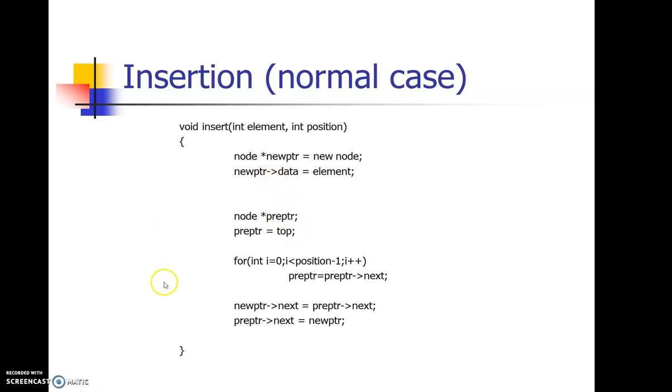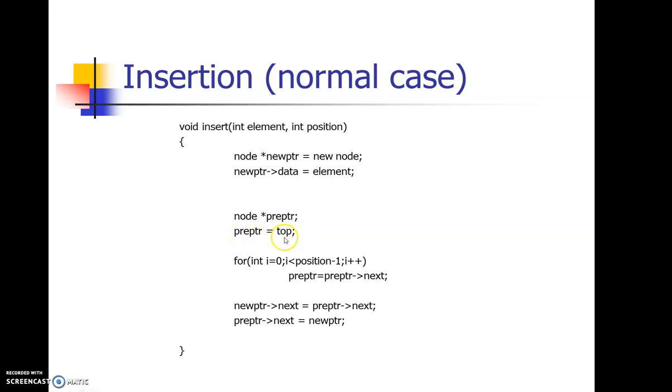After that, we need to find a way to walk through until we find the front element of the element we want to insert. So we start by creating a pre-PTR, and then make pre-PTR equal to top. So we prepare the pointers for us. Since we don't want to move top at all, we use this new pointer we created called pre-PTR equal to top at the beginning.